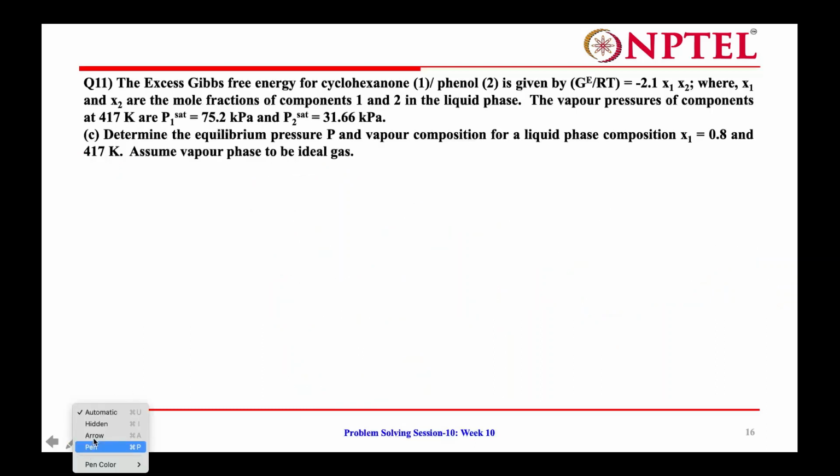Now part C. Determine the equilibrium pressure P and vapor composition for the liquid phase composition x1 equal to 0.1 at 417 Kelvin. Assume the vapor phase to be an ideal gas.